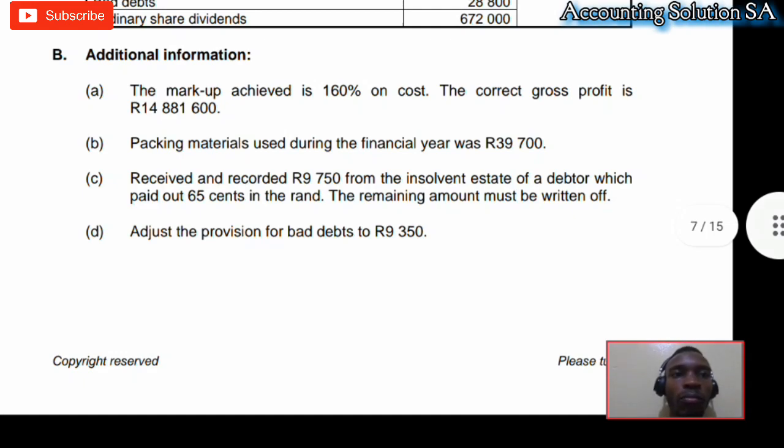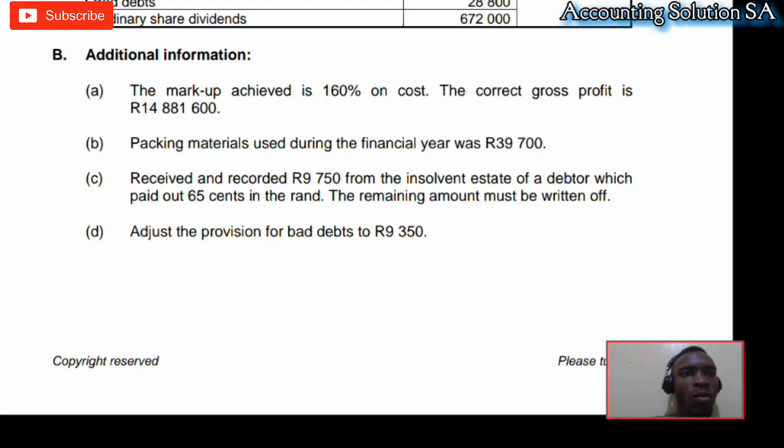Then they said the packing material used in the financial year was 39,000. It's going to be an expense, of course. Then they said they received and recorded 9,750 from an insolvent estate from a debtor, which paid 65 cents in the rand.